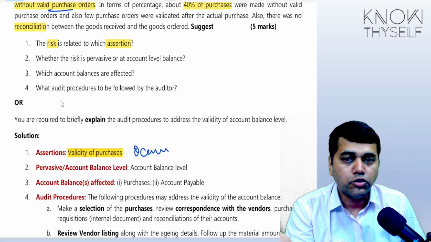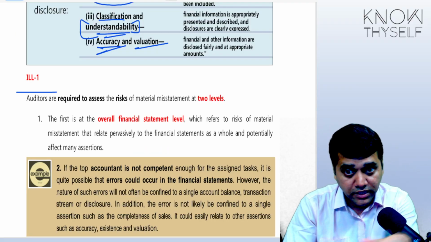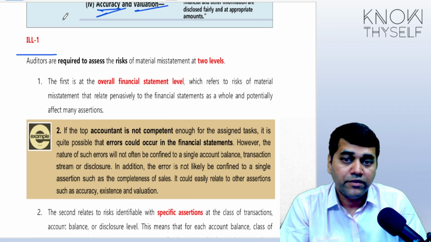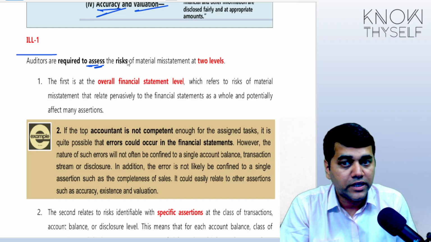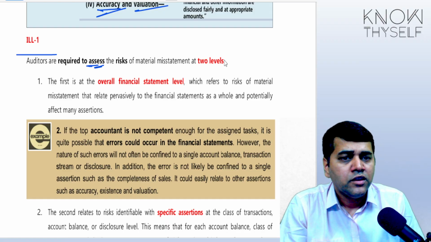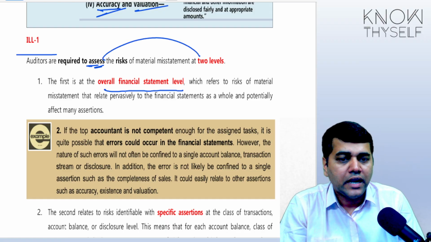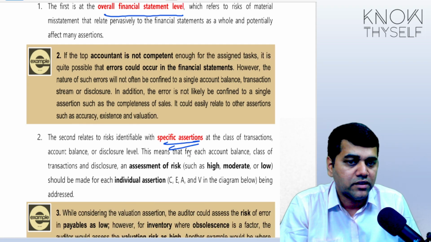Now, second question, whether this risk is pervasive or account level. Sorry, I should show you this first. Whenever you identify the risk, before that we should discuss this. Anyhow, we have discussed it so many times. You need to classify the risk into 2 levels. One is called overall statement level, and another is the specific assertion level.